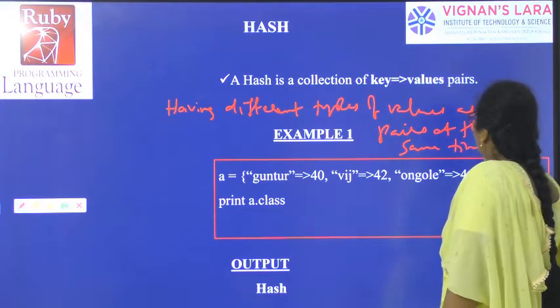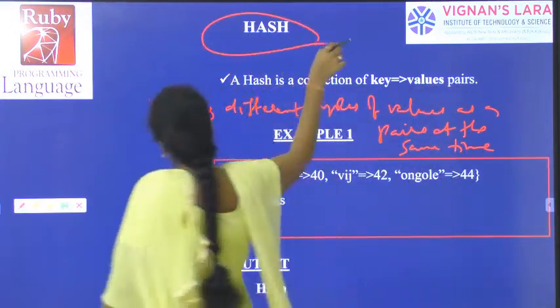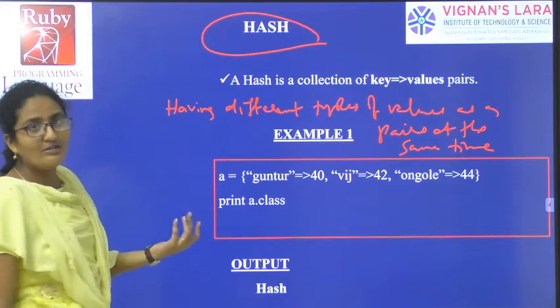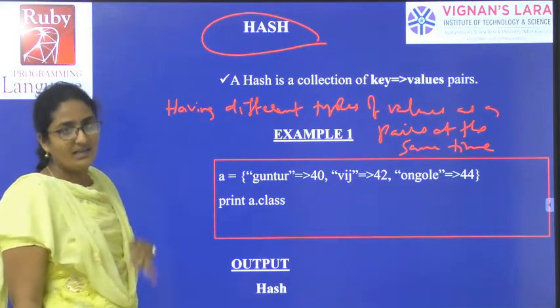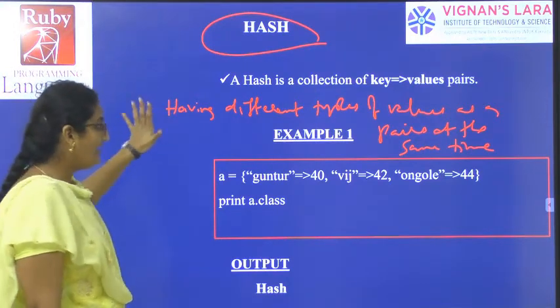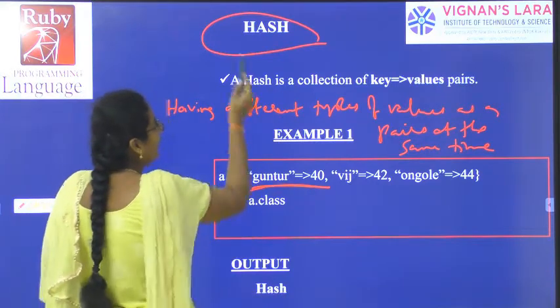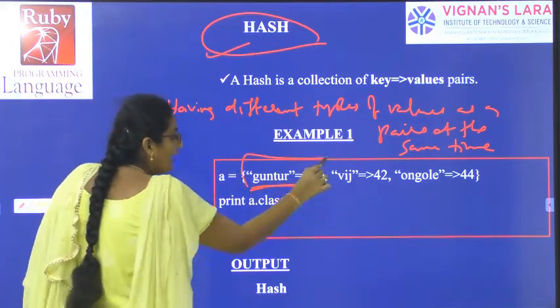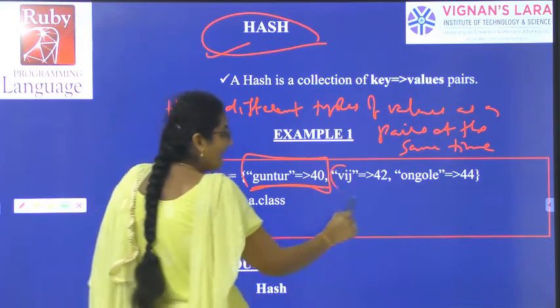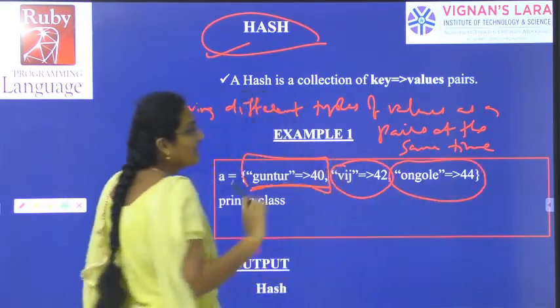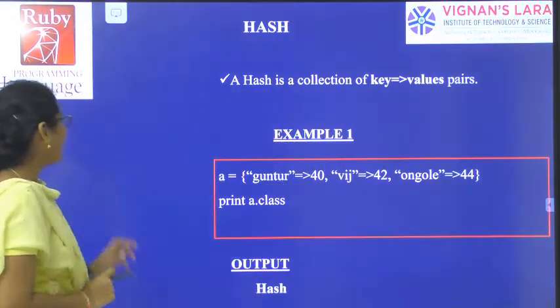Hash is also a data type. It can also hold different types of values at the same time, but holding the values as a pair is the quality of a hash. So Guntur along with 40 is a pair. In the same way, holding the pairs at the same time is nothing but the hash data type.